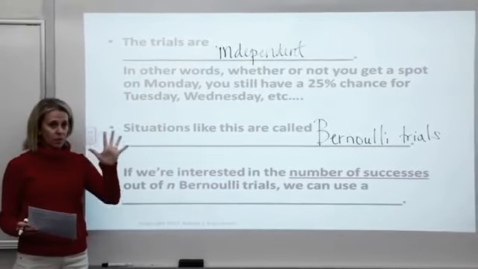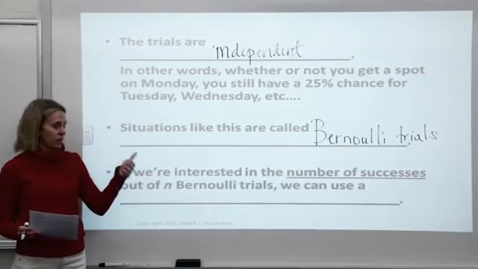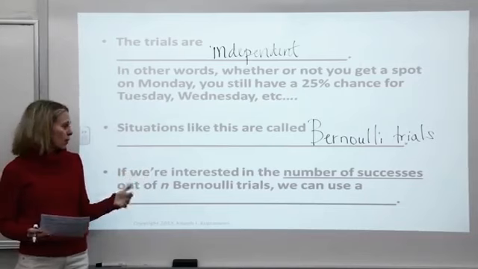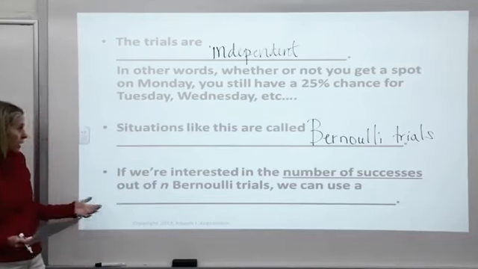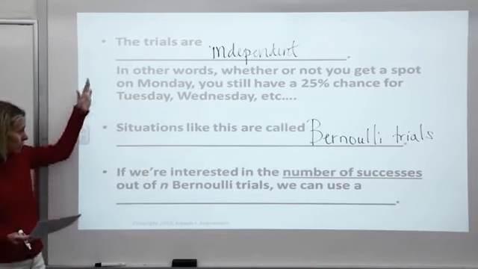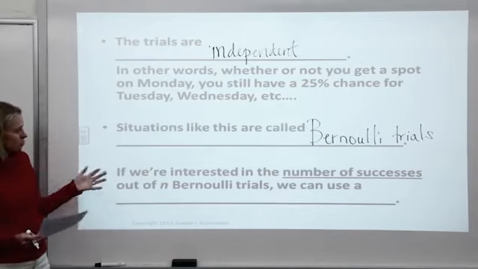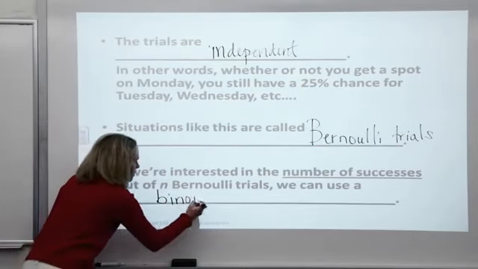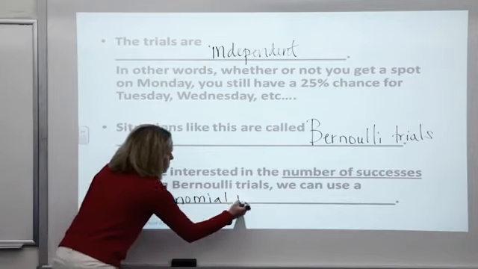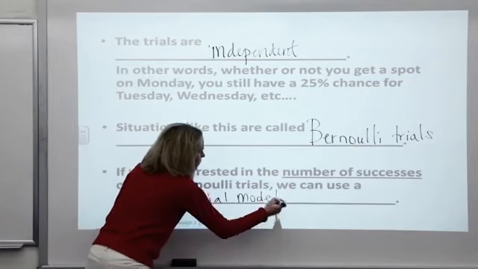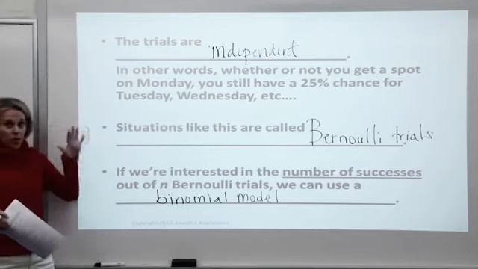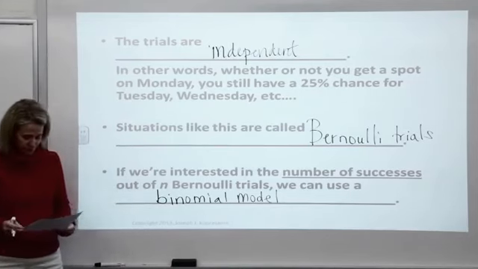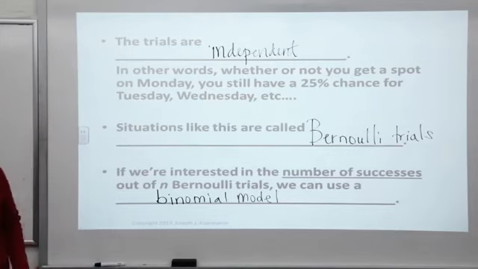So if I'm coming to campus for 5 days, I'm interested in counting up how many days I was lucky enough to get a spot in that lower lot. And if that's the case, then this whole situation warrants using a binomial model. But all those conditions have to hold true, otherwise we can't use this.